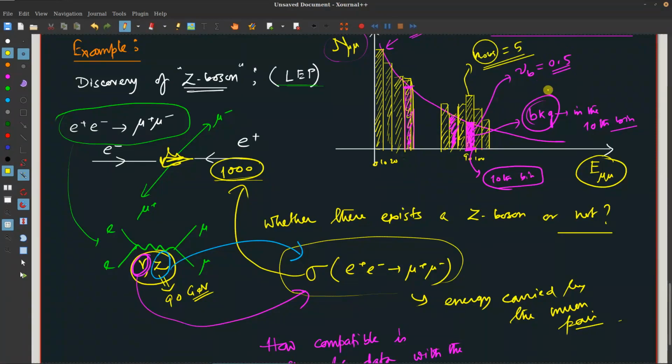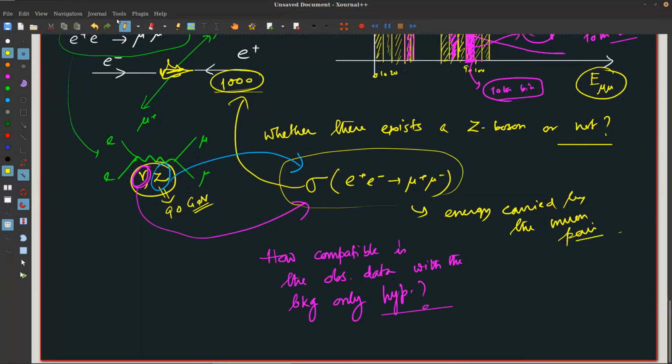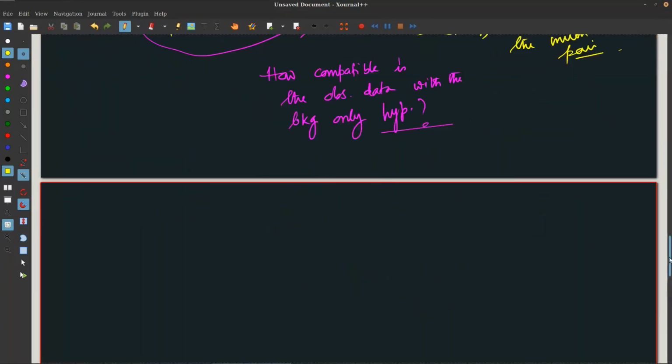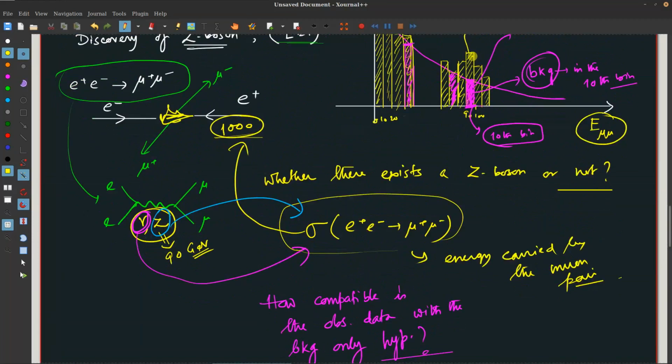Now in this scenario, you have to make a quantitative remark on how well the observed data is described by the background only hypothesis. Okay. So remember, as I told you in the earlier classes, the distribution of the number of events in this bin would be governed by a Poisson distribution.